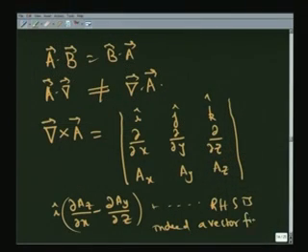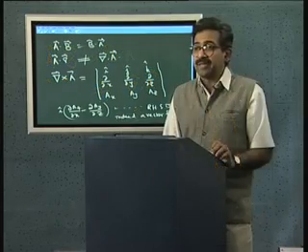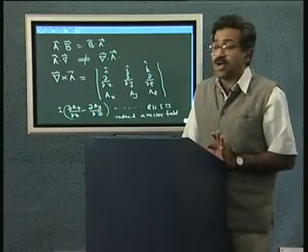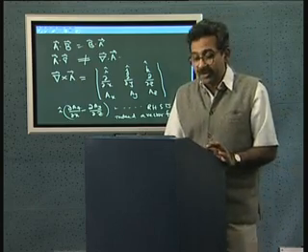In fact, something more. For those of you who are enterprising, you should verify not only that this is a vector field, but in fact that it is an axial vector field. That is, under reflection, it does not change its sign. If you do not know what an axial vector field is at this particular point, you need not worry too much about it. But if you are already familiar with it, it is good to verify.